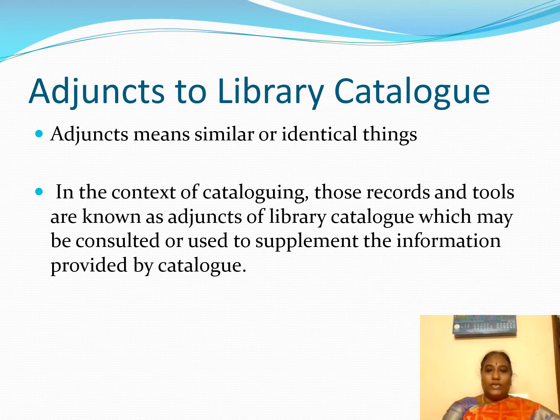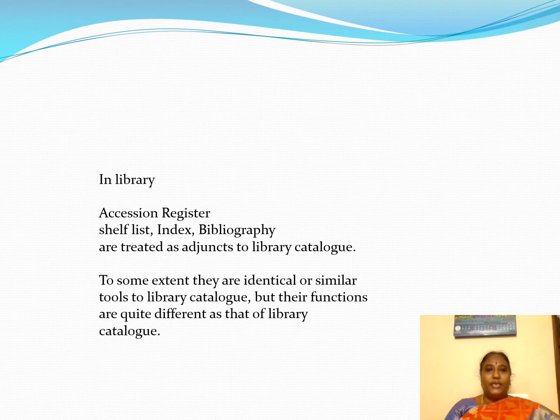So let us know what the adjuncts in a library are. Accession register, shelf list, index, bibliography are treated as adjuncts to library catalog. To some extent these records are identical or similar tools to library catalog, but we need to remember that their functions are quite different from those of library catalog.